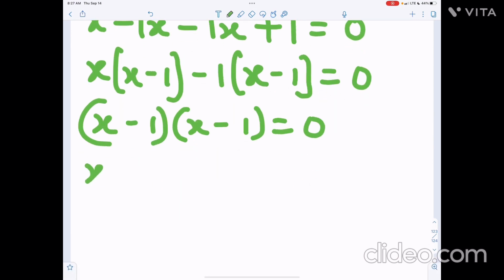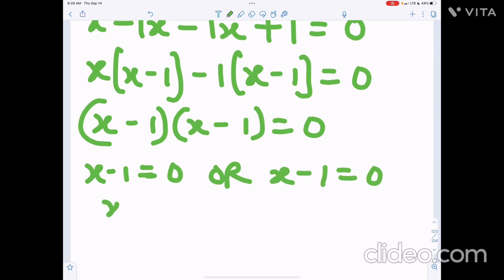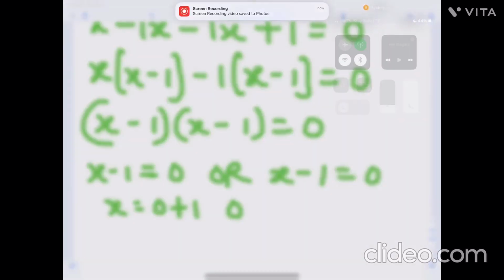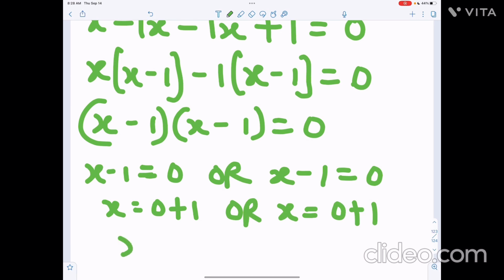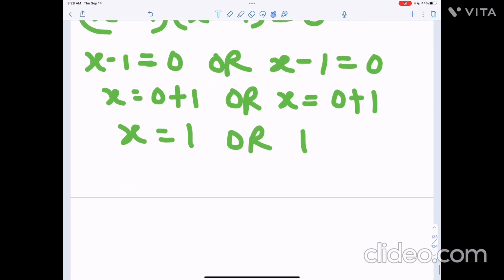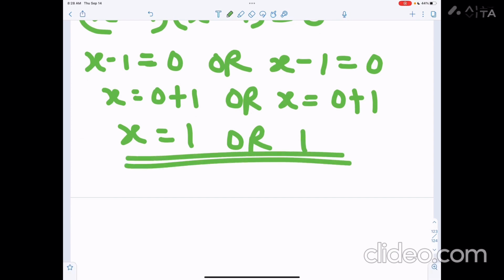So spread it out. x minus 1 is 0, or x minus 1 is 0. x is 0 plus 1, or x is 0 plus 1. x is equal to 1 or 1. So that's the answer to that question.